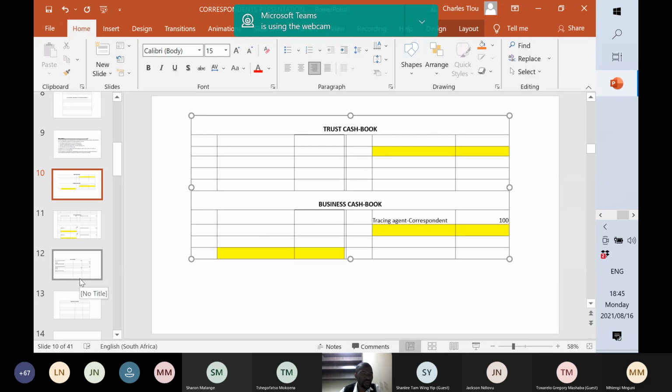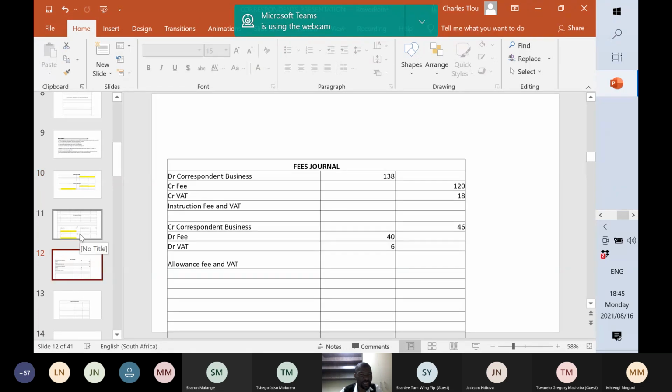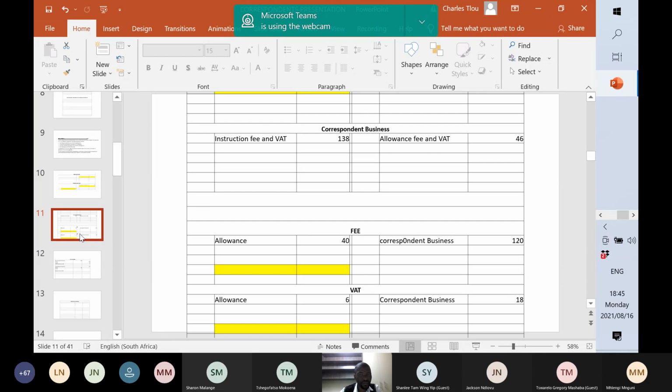So let's look for the correspondent's business ledger account. This is the correspondent business ledger account that we are going to debit, because as soon as we debit here, it means he owes us that money. Then you come here and say tracing agent, and that is 100 rands. That is after having credited your business cash book.